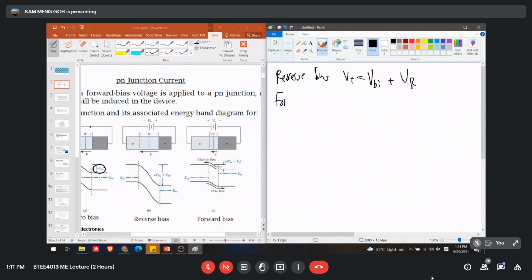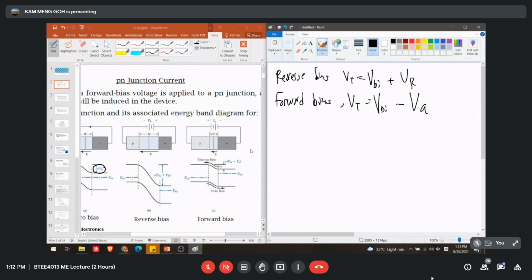But if this one is in the forward bias, the V total will be VBI minus VA. Okay? And in the graph, the electron will be flowing from the high concentration to the low concentration, as I mentioned just now. Because right now, you see the difference between the EC1 and the EC2, EC for the P region and EC for the N region, is getting less and less.